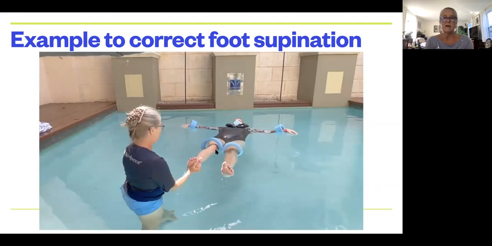And this was the client who has EDS, Ehlers-Danlos syndrome, and is post CVA 6 years. She has had surgery on her ankles, and she's had terrible ligament damage in her ankles.